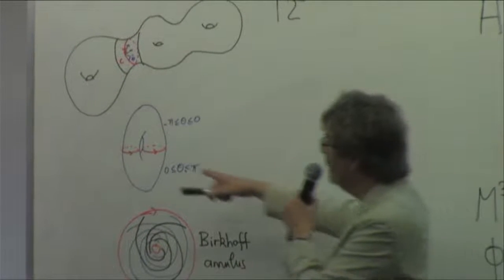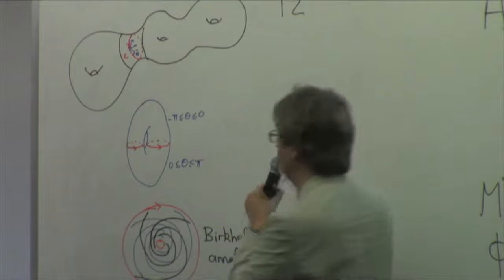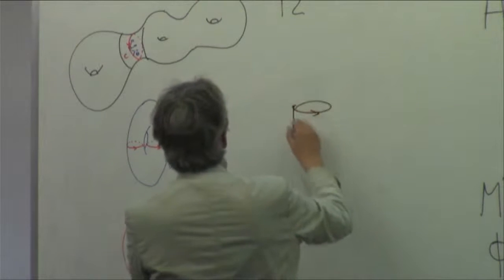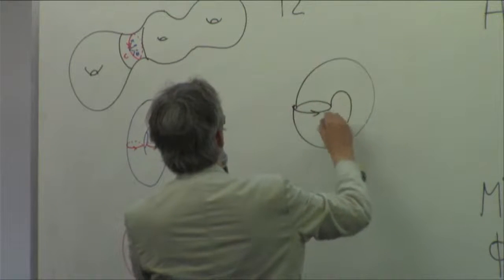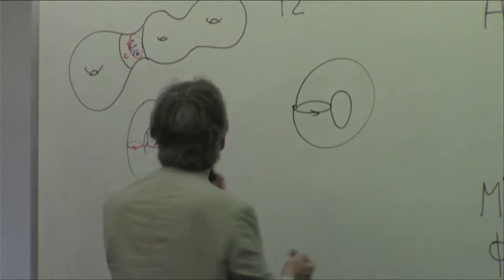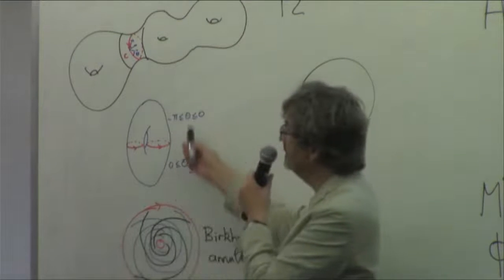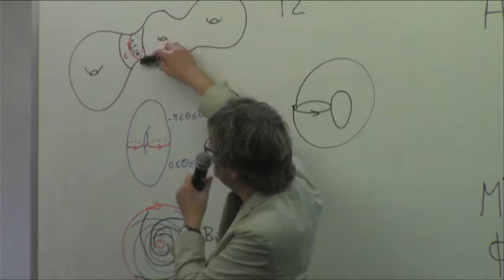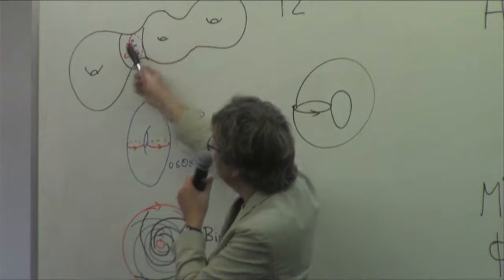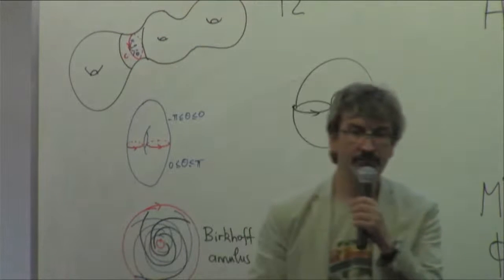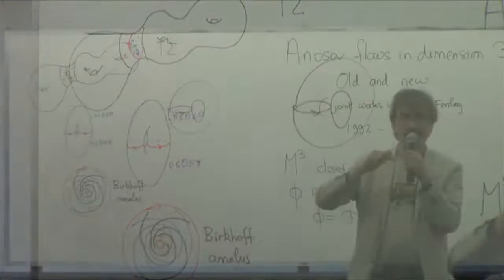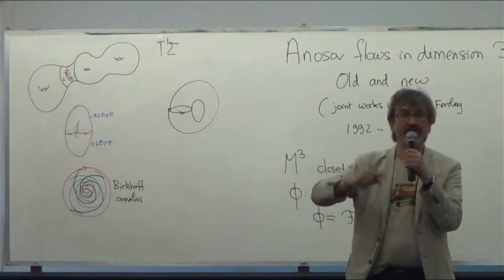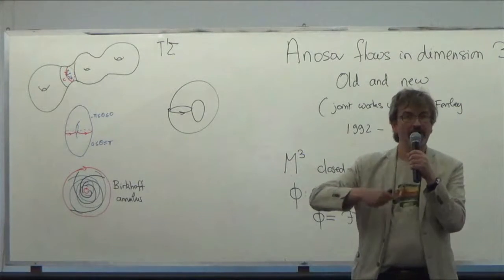We have only one annulus, because we have no difference between this and this. If you go around the geodesic, you will go to the other side. So in this case, the annulus is going twice around every periodic orbit.